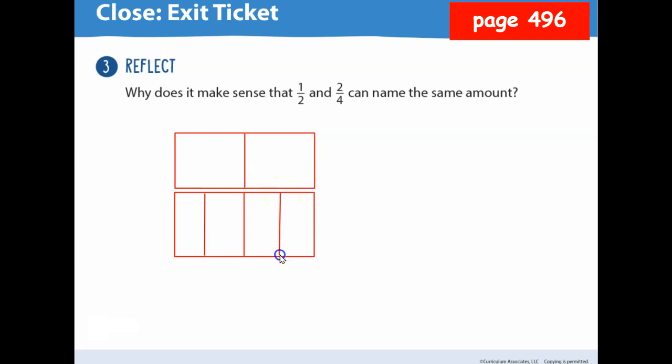So the reason why it makes sense is that in both diagrams or both models, the same amount is highlighted. Okay, the same amount is highlighted.